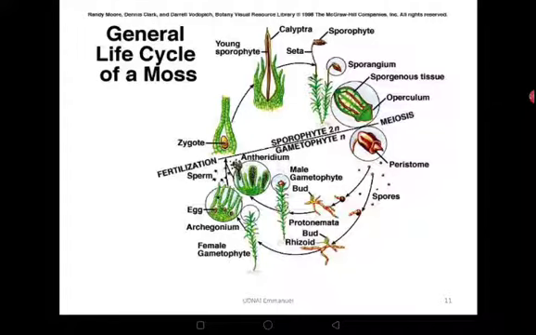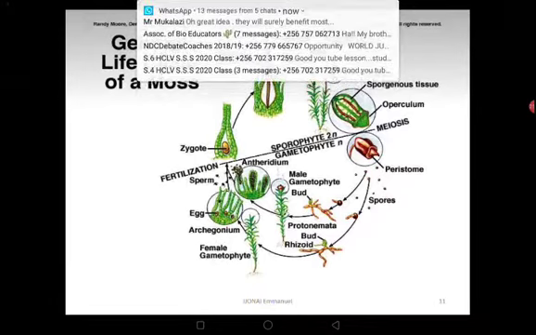So after fusion, the zygote is formed, and that zygote remains in the gametophyte. It starts growing from the archegonium of the female gametophyte. It sticks there and begins growing, becoming a sporophyte. Are we getting that one?